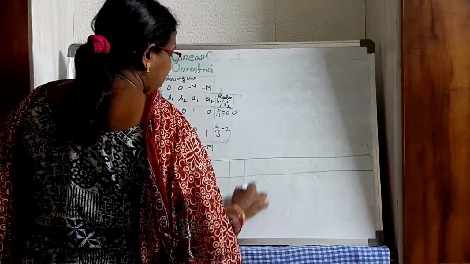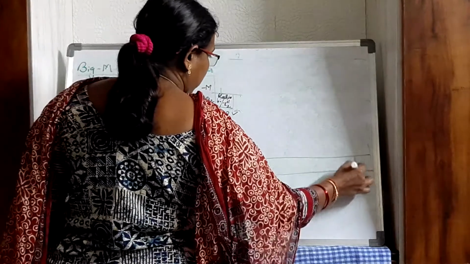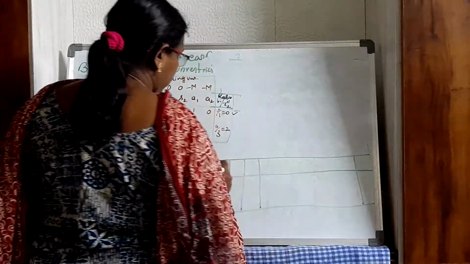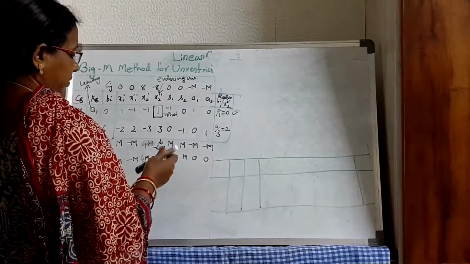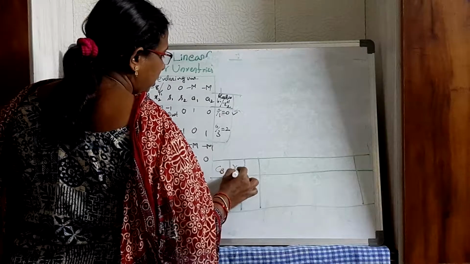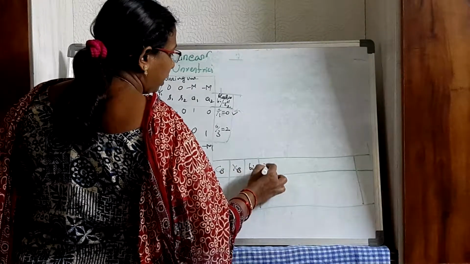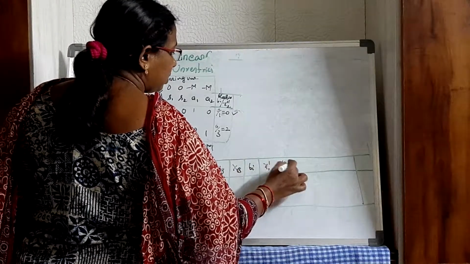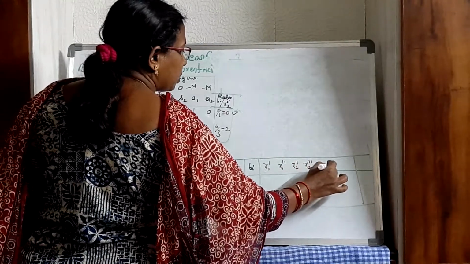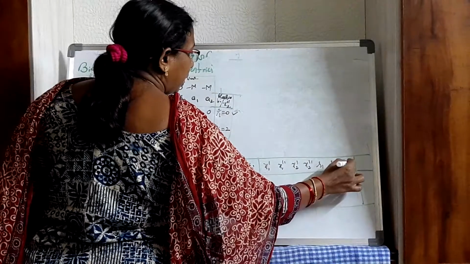CB, XB, BI, then you will have ratios. So this is CB, XB, BI, X1', X1'', X2', X2'', S1, S2 and A2.